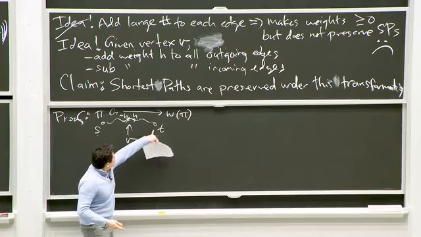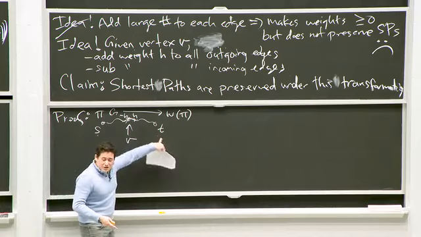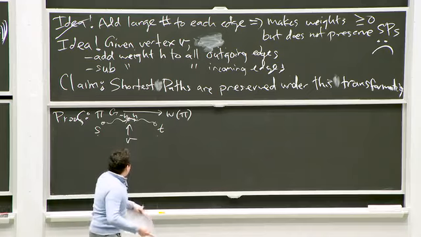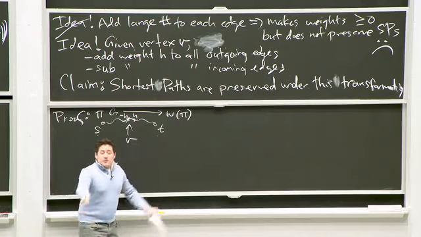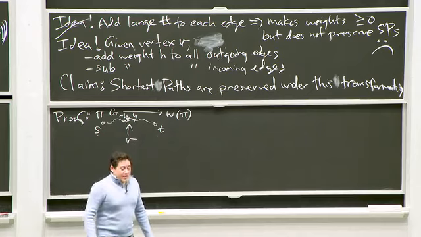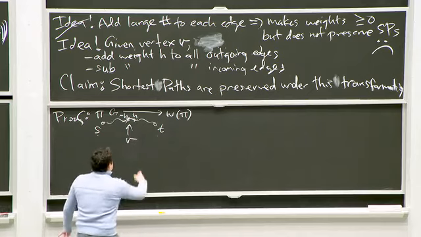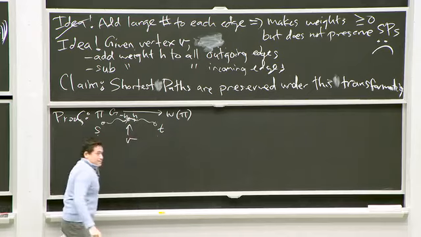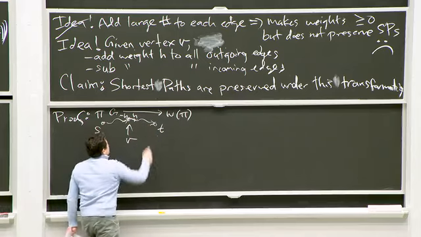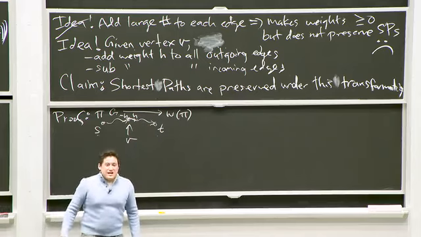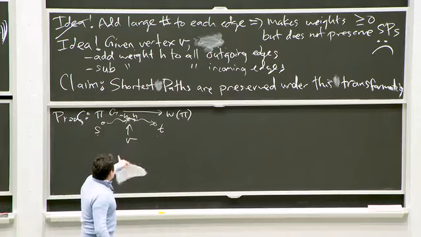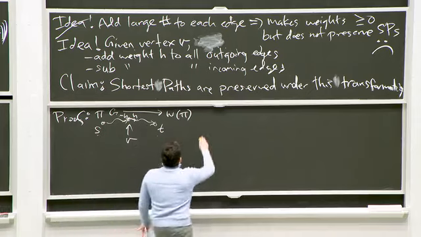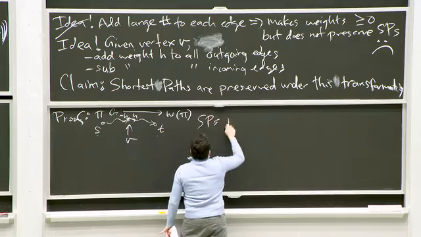And same goes for T. If T, the end vertex, is V, I'll have subtracted H from all of my incoming edges, which means that any path ending at T, any directed path ending at T, also changes by the same value, and so shortest paths must be preserved.